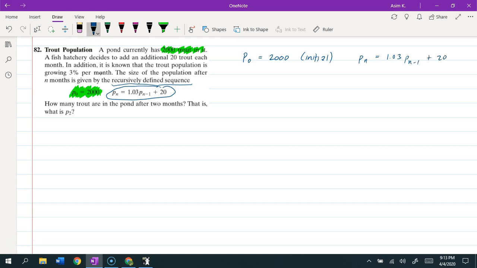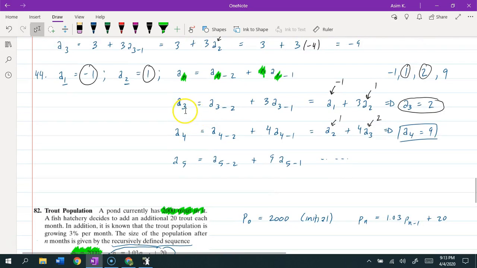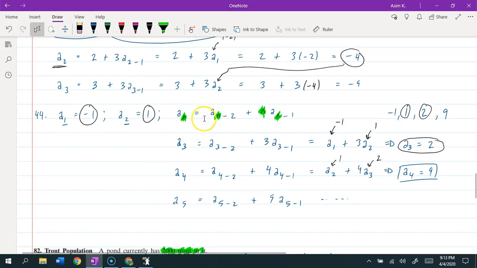Now let's speak in terms of what these things actually stand for. We noticed in that last example that n minus 2 meant something that was 2 terms before it, right? So 3 minus 2, 4 minus 2, 5 minus 2. Whatever term you had, this was going to refer to 2 terms before it. In that same case, n minus 1 means the term that was right before it.